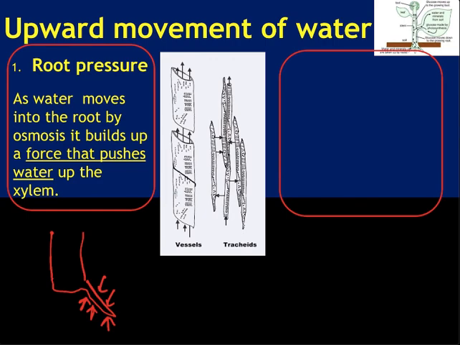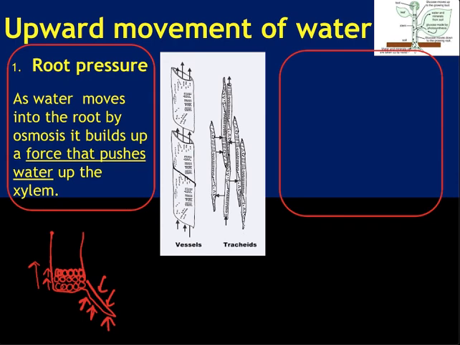So this would be the first layer of water molecules that would come in, and as more water comes in, these guys would move up. So this is my first layer, and my second layer has now come in, and the second layer is underneath it, because every layer that comes in pushes the other water molecules up.